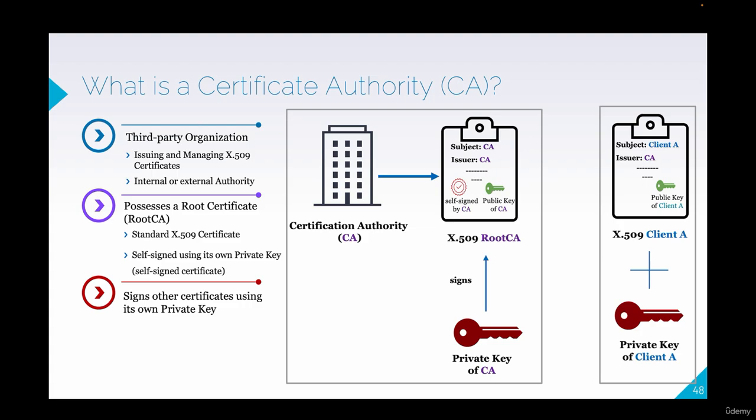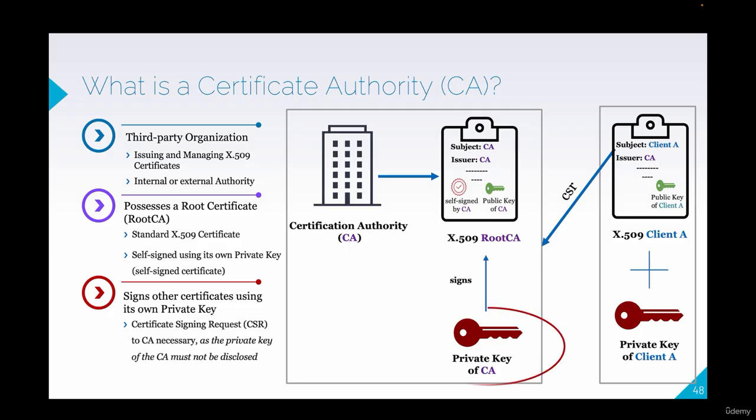The public key is always included in the certificate, but the private key must remain private and secure. Next, the entity sends a certificate signing request, CSR, to the certificate authority. This request includes the certificate and the public key but not the private key. The certificate authority then uses its private key to sign the certificate, establishing trust. Once signed, the certificate authority returns the signed certificate to the entity, which can then use it for secure communications and authentication.